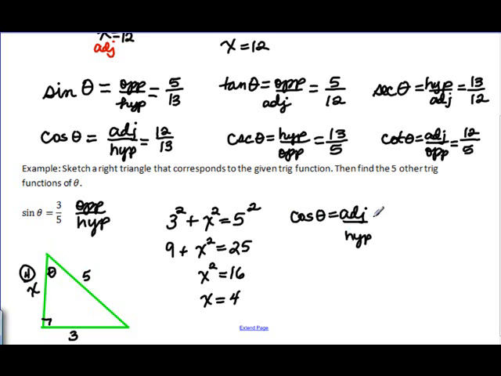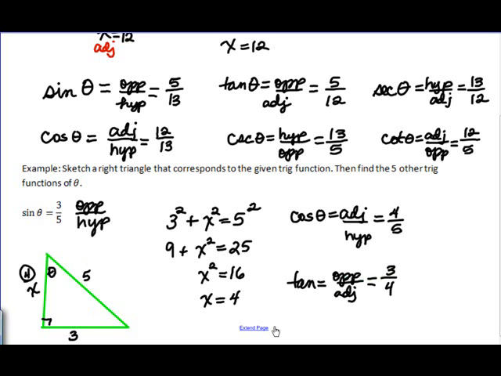The hypotenuse is 5, so that would be 4/5. Tangent, some old hen caught another hen, taking oats away, so it's opposite over adjacent. So the opposite side is 3, the adjacent is 4, so that's 3/4.